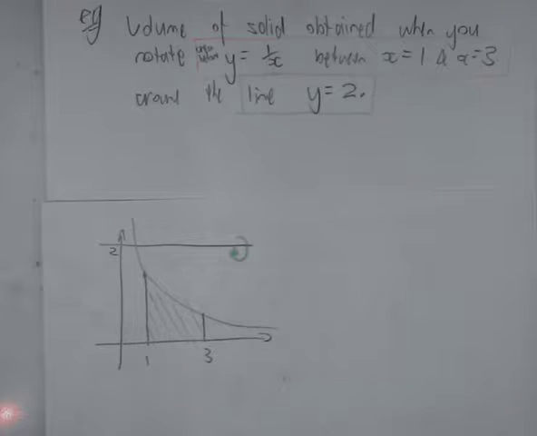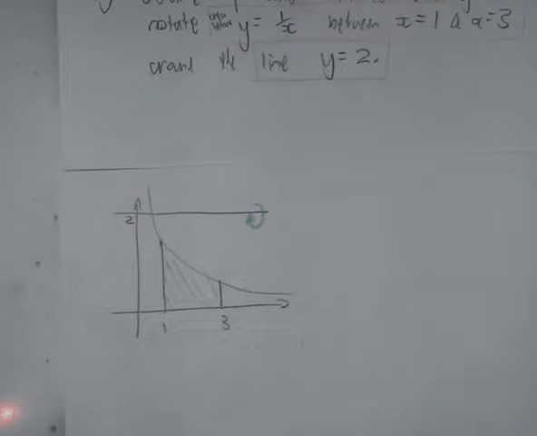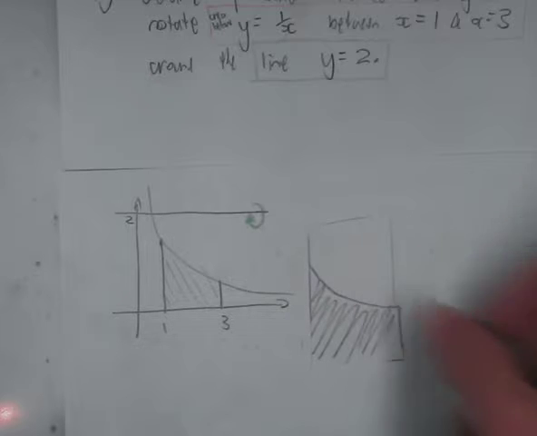So what happens is that we end up with a big gap in the middle of our shape. Because when we do that little thing that I drew, so this is my shape, right?